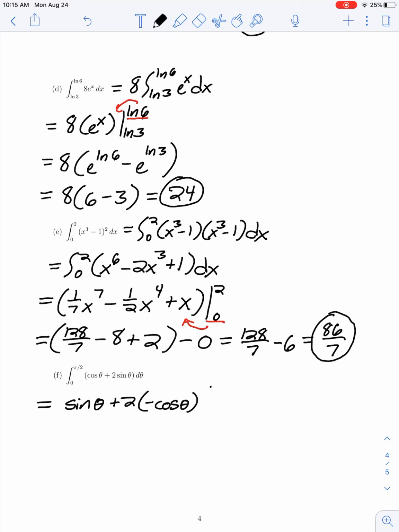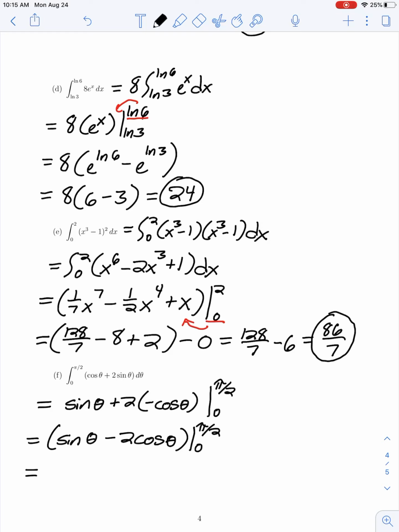And then we are evaluating this antiderivative from 0 to pi over 2. So let's see what we have. Let me maybe simplify this a little bit first. I've got a sine of theta, then my 2 times negative cosine gives me negative 2 cosine theta, which we're evaluating from 0 to pi over 2.